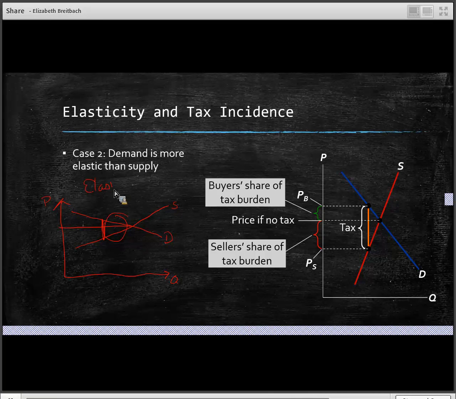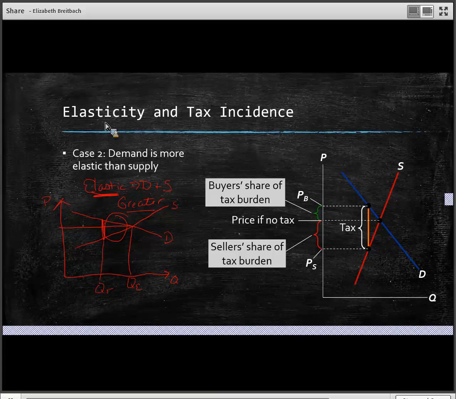It's less desirable to have a tax when we have very elastic demand and supply because there's so much loss to society. The quantity moves significantly further from our equilibrium quantity to our new quantity with our tax. Okay, so elasticity, depending on if it's on the buyer or the seller or even in the market in general, can have a big difference on not only who bears the burden of the tax, but also the effect of the tax on the market.